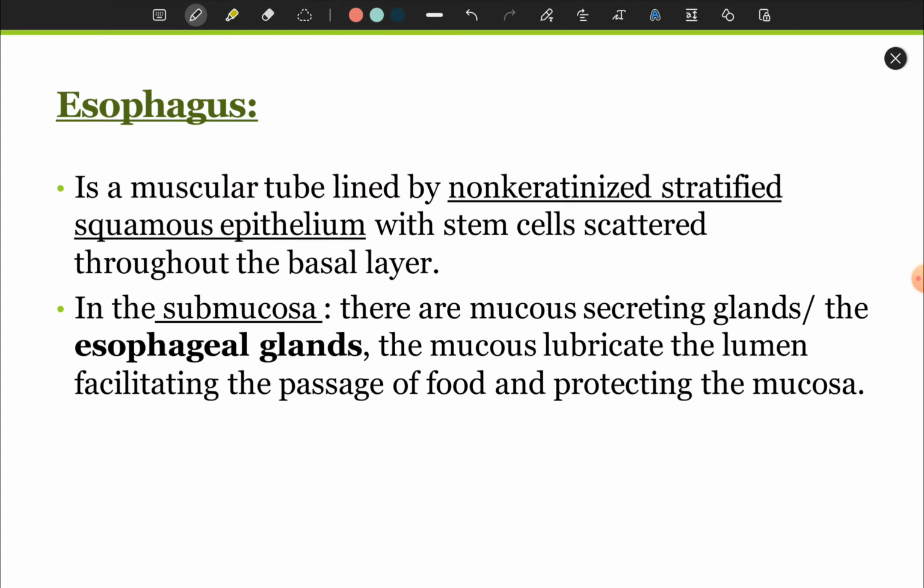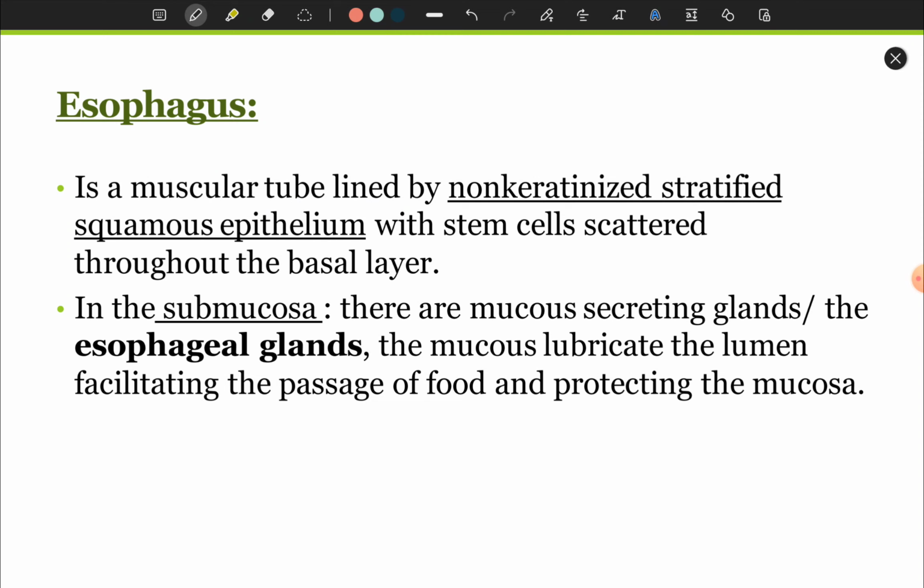Okay, so it has no keratin there. It is the wet type or the moist type. Later on is the submucosa layer beneath it, after the lamina propria and muscularis mucosae. In the submucosa of the esophagus, usually you find the esophageal glands. Those glands secrete mucus to lubricate the surface.